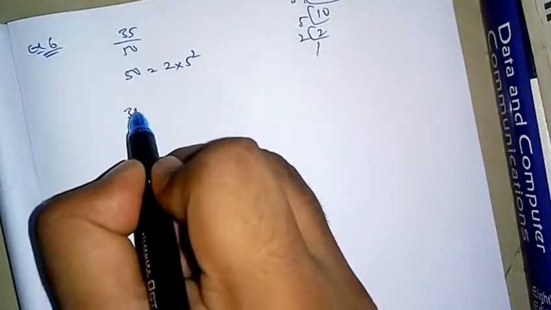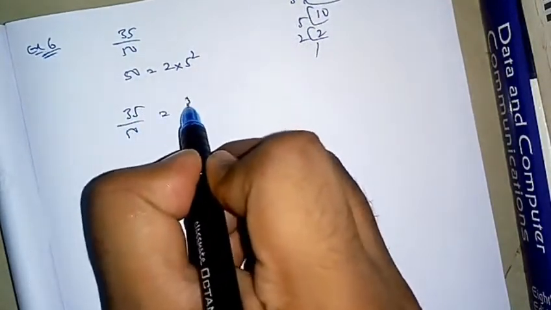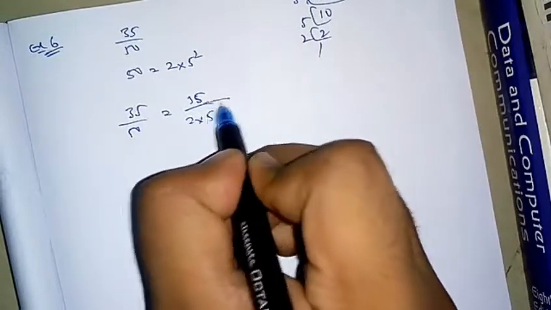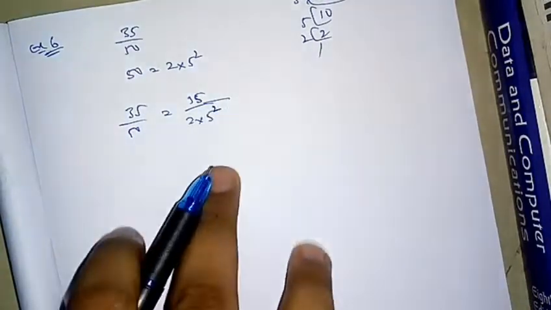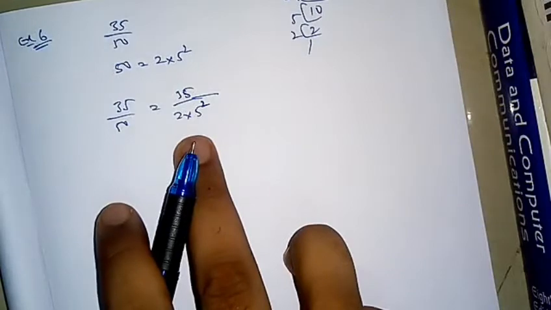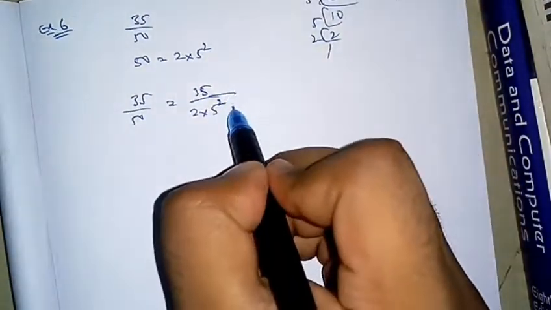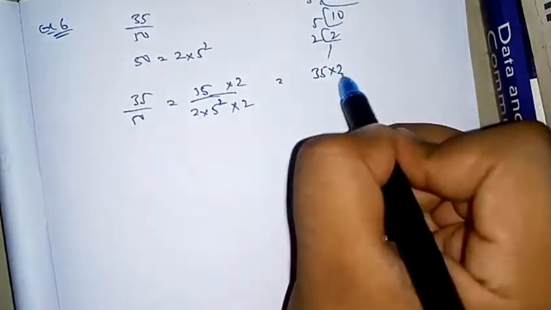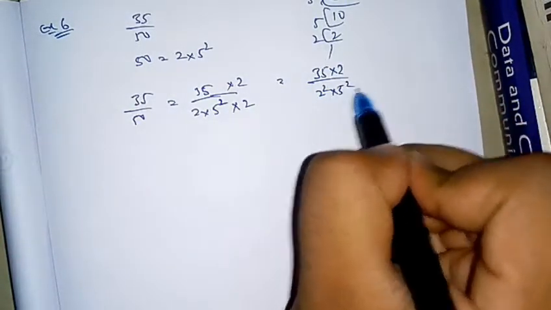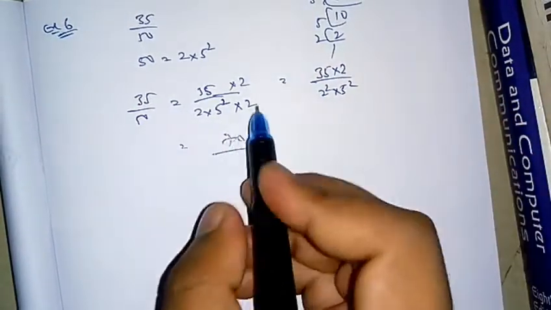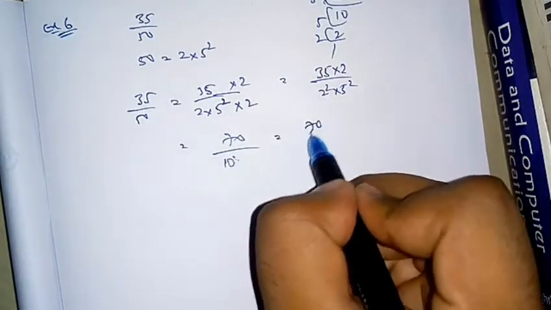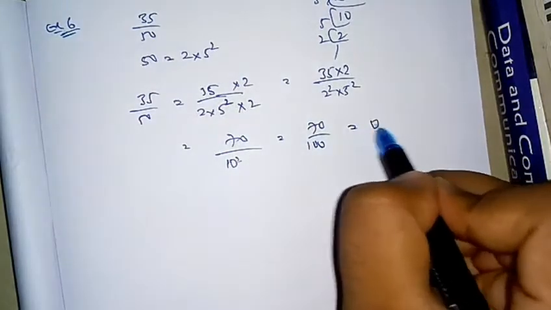What you can do is write 35 by 50 as 35 by 2 into 5 square. Since you have to express this in the form 10 power n, you can multiply it by 2 in the numerator and denominator. So it will be equal to 35 into 2 by 2 square into 5 square, which is equal to 70 by 2 square into 5 square, that is 10 square, which is equal to 70 by 100. So this is equal to 0.7.